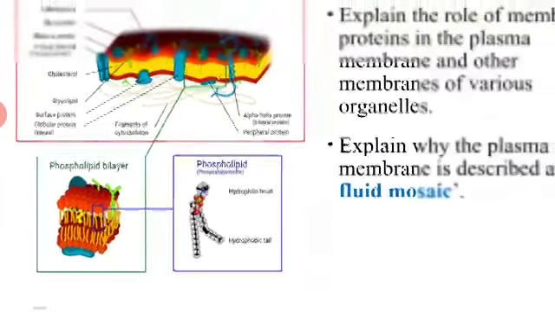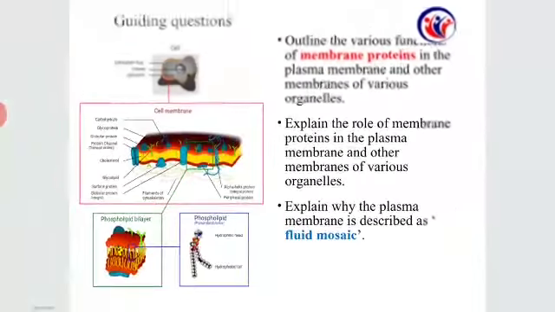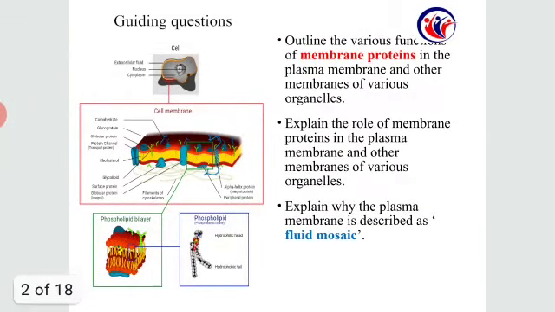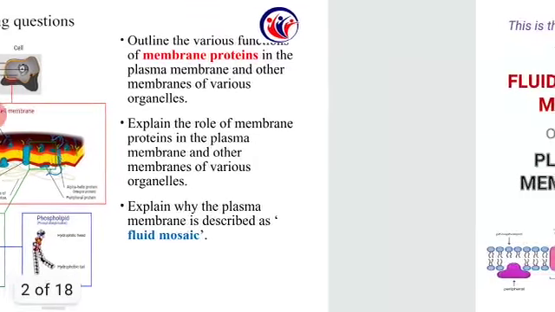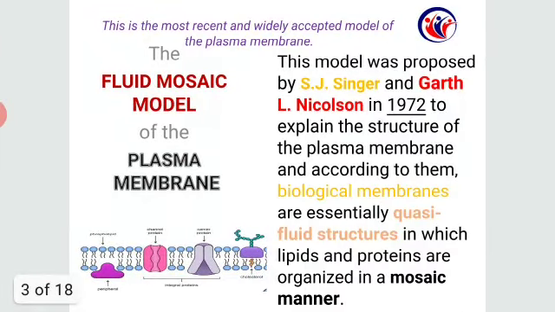Now the arrangement of this plasma membrane was controversial for some time, but as the microscopy improved, different models were arrived at until we have the most recent and widely accepted model of the plasma membrane.